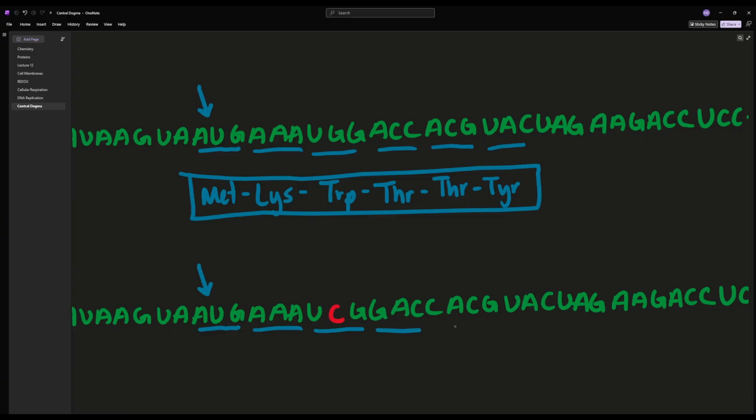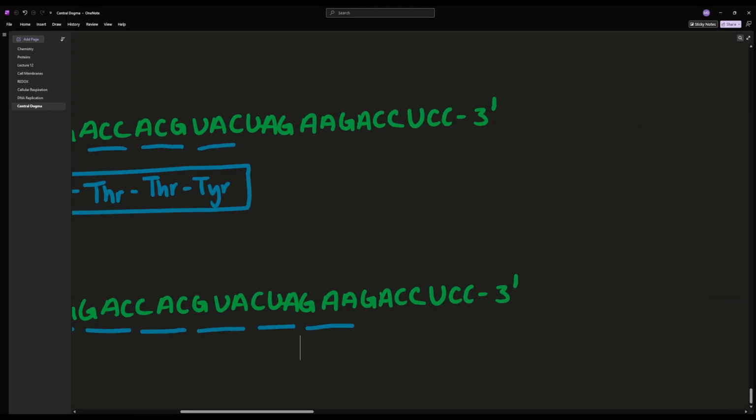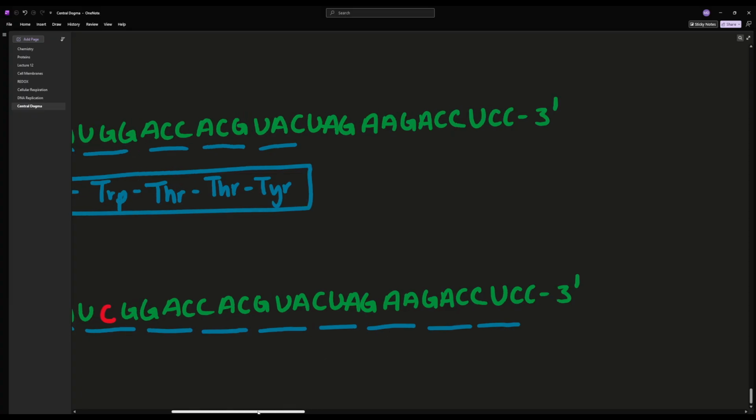Next is a GAC, CAC, GUA, CUA, GAA, GAC, CUC, and actually we never encountered a stop codon. So this would keep going until it fell off the 3' end.